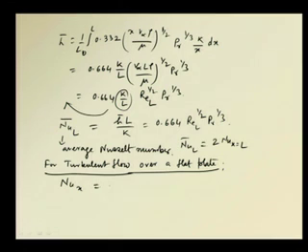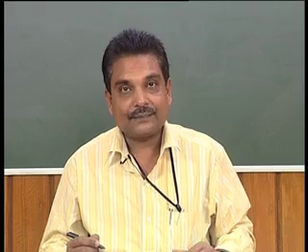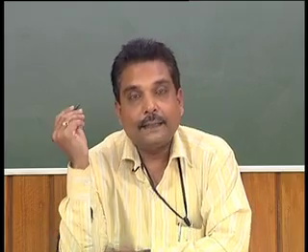NuX is equal to 0.0296 into ReX, Reynolds number to the power 4 by 5. We can see that the power is different, and Prandtl to the power 1/3. So, the Prandtl number power is not changed, but the Reynolds number power is substantially changed, because initially it was Reynolds to the power half, now it is Reynolds to the power 4 by 5.